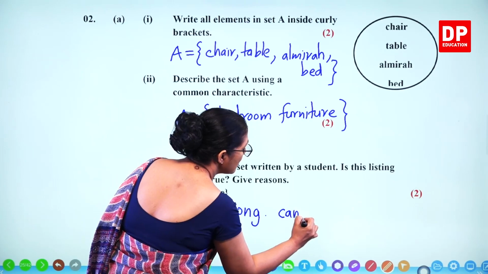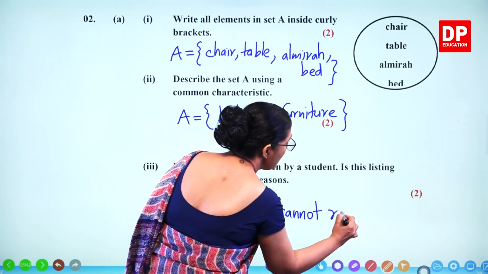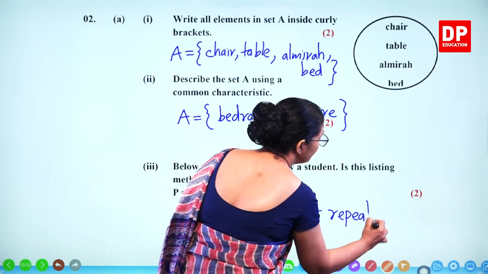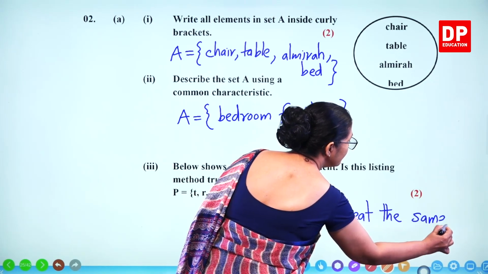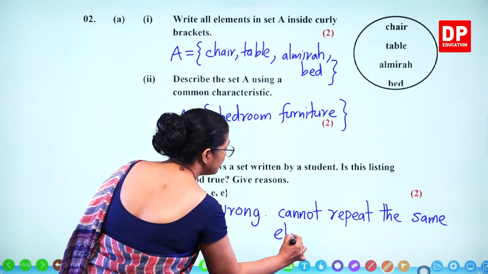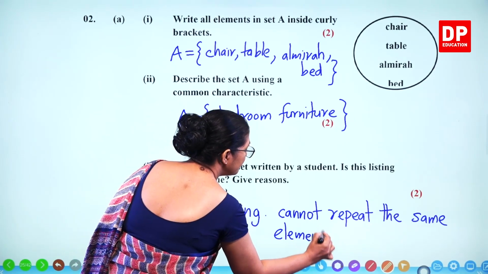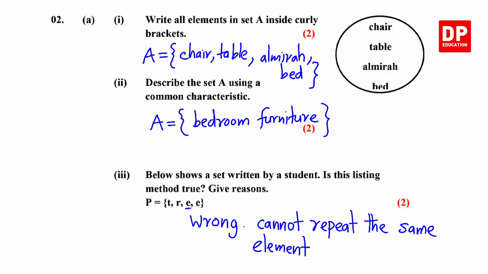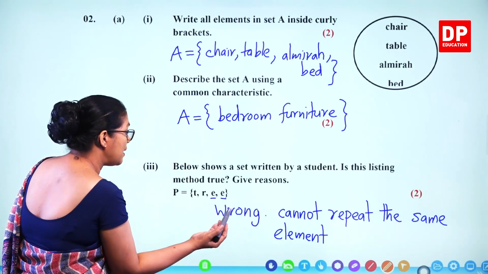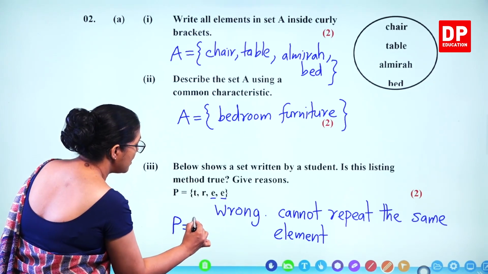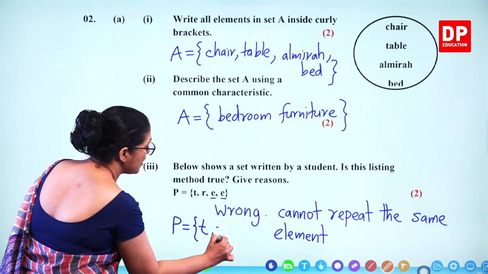Cannot repeat the same element. So E is repeating. So here you can write wrong, cannot repeat the same element, and you can write down the correct one, PRE.